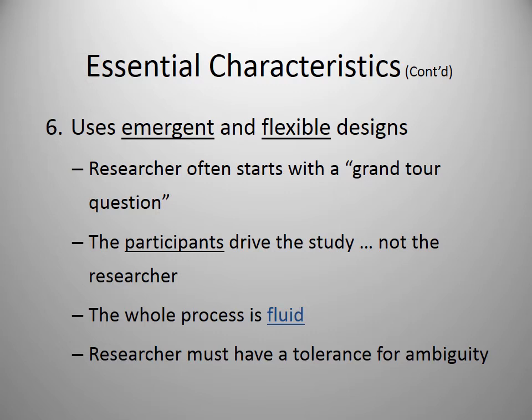And so that's what emergent means, and very flexible. The participant drives the study, not the researcher. The researcher is the research instrument. The whole process should be very fluid with ebb and flow. And researchers must have a tolerance for ambiguity.